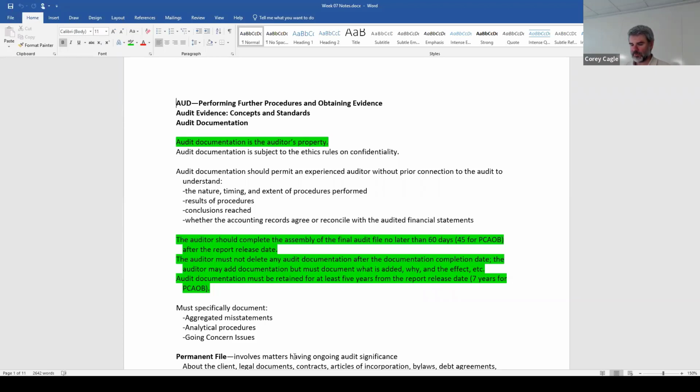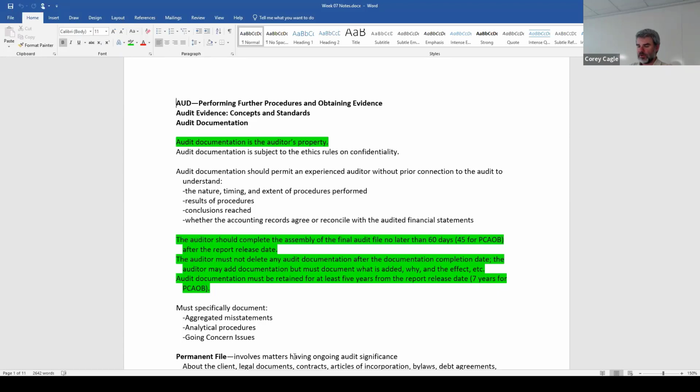The working papers, these are things that were prepared by us solely for the purpose of the engagement, and they're our property, and the client's not entitled to it. They should not be provided to the client. They should not be provided to anybody, because we would break confidentiality rules by releasing those to someone, right?